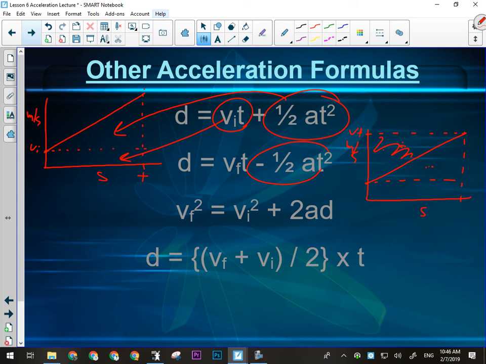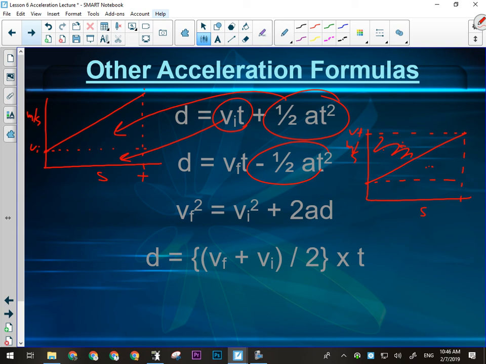The issue with these 2 formulas is time is in them in 2 places, which can be problematic if you haven't taken Math 20 and you haven't learned factoring yet.